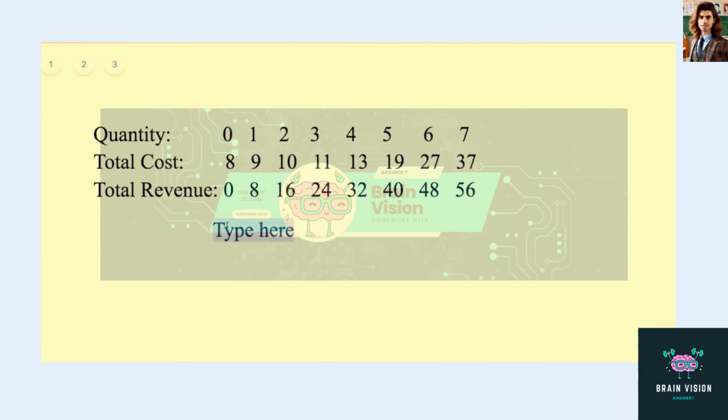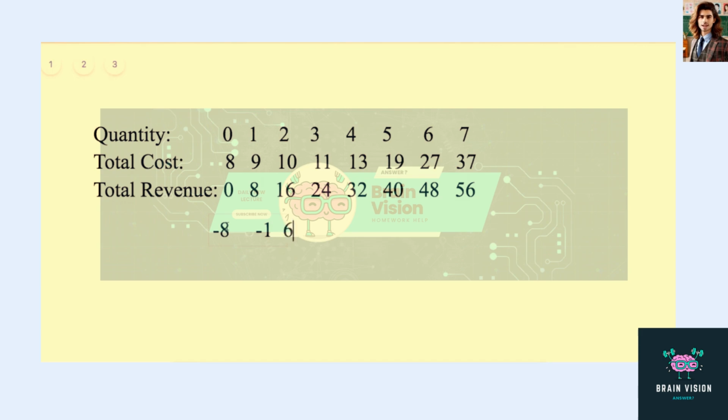For the first unit, if we produce 0 units, then our total cost is 8, so we would get a profit of -8 for that 0 unit. Bump over here, total cost is 9, total revenue is 8. We're still taking a loss, so that'd be -1. For our second unit, now we turn to profit.